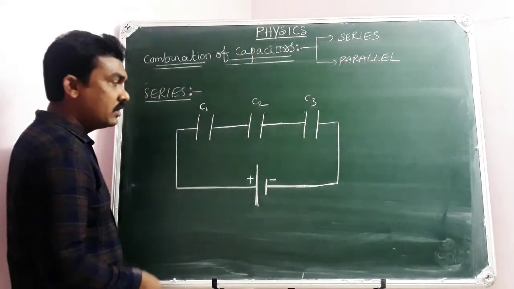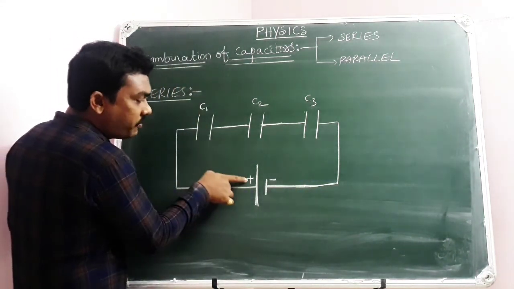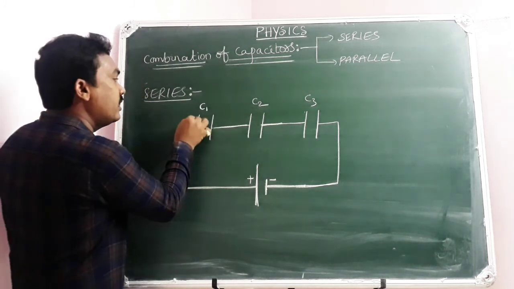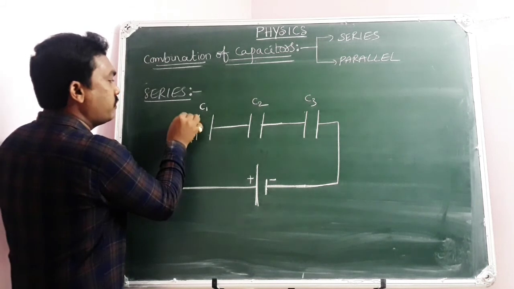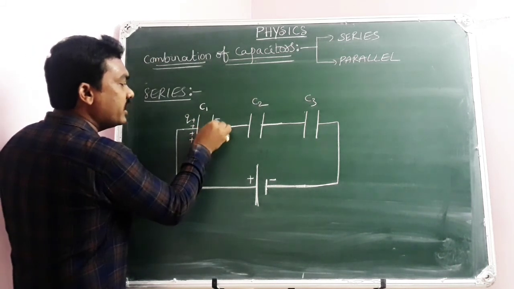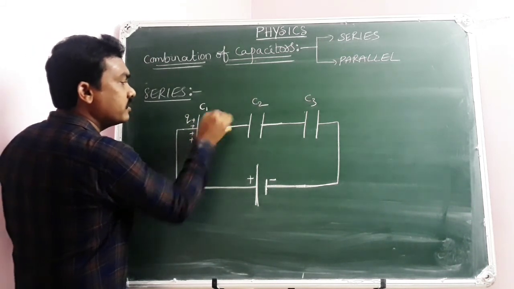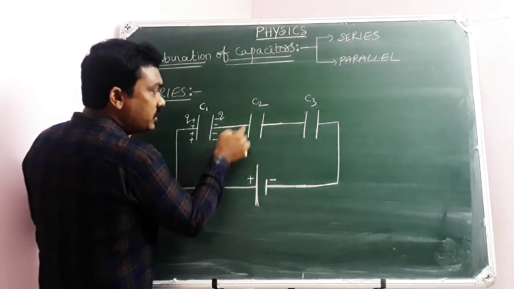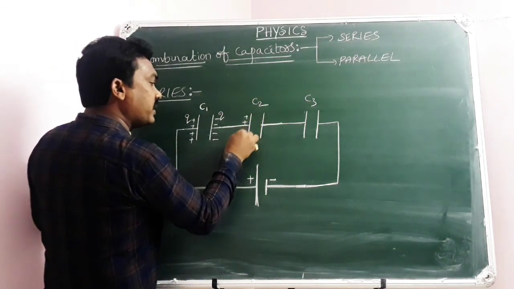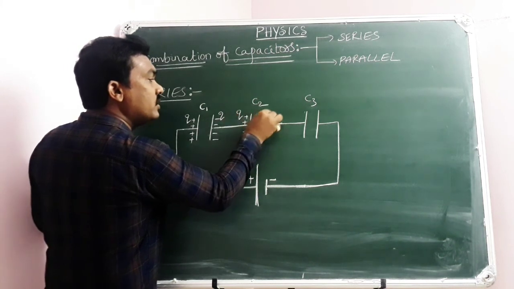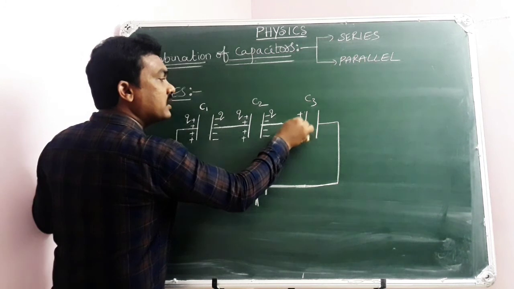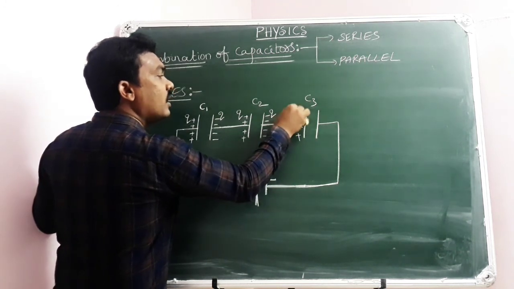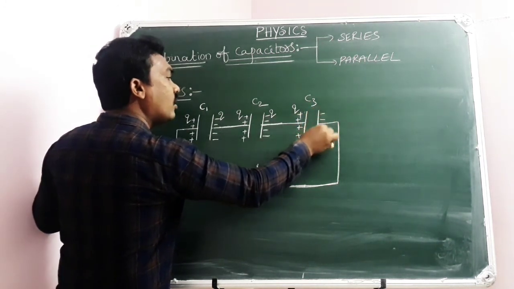So what will happen? As this plate is given to the positive terminal of the battery directly, positive charge will be developed here, Q, let us suppose. Then this will induce negative charge Q on this plate, which will induce plus Q on this plate, by the induction method. And this will induce minus Q on this plate, and this will induce plus Q on this plate, and this will induce minus Q on this plate.